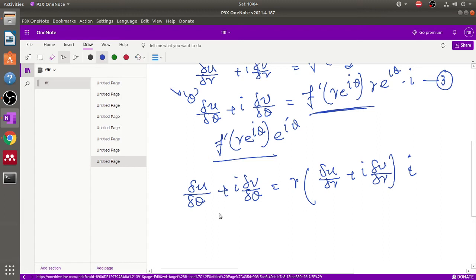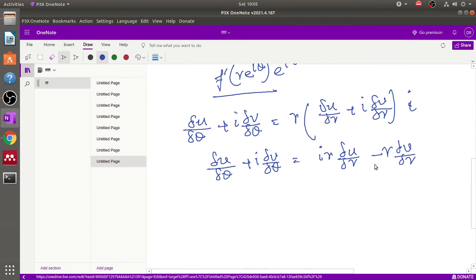Okay, so now after some mathematical computations, we get del u by del theta plus i del v by del theta equals i r del u by del r minus r del v by del r.